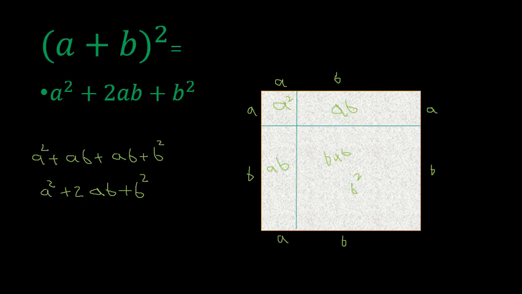Then the area of the second square, the bigger square, that is B square, and we will add that as B square. You can see here that AB plus AB, we can add them. A square we will write as it is. AB plus AB will be equal to 2AB.